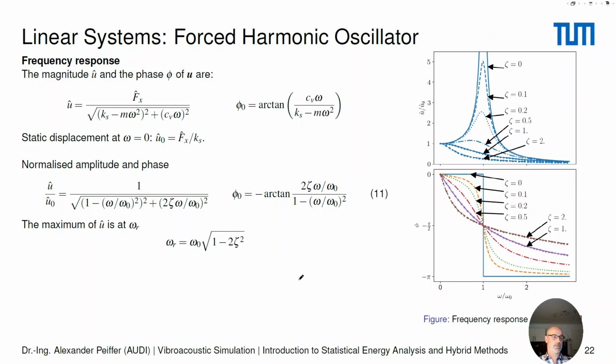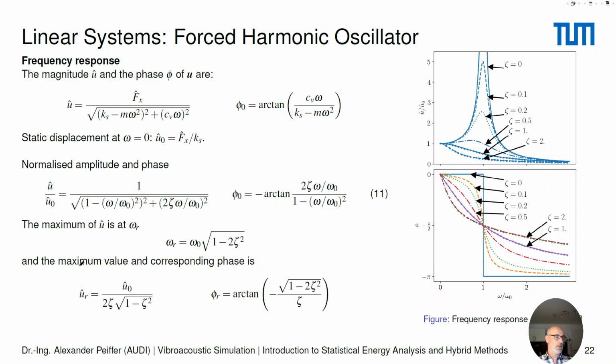By the way, this is not the same as the frequency of the damped harmonic oscillator. This is even another frequency because there's a 2. That was another expression. And the maximum value and the corresponding phase is given by this equation, and the phase at that point is given by this equation. Good.